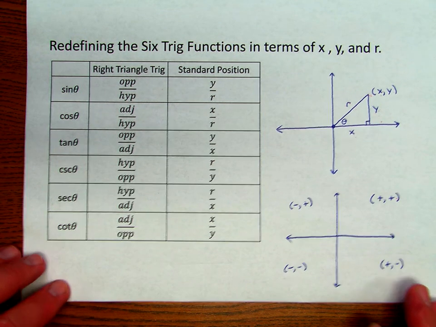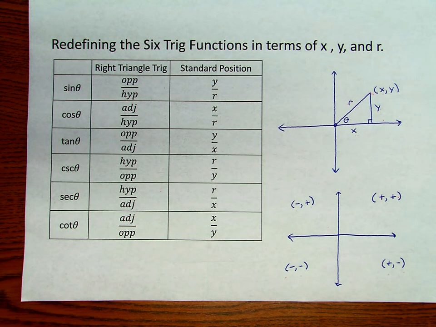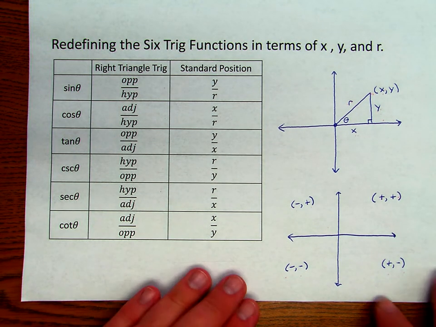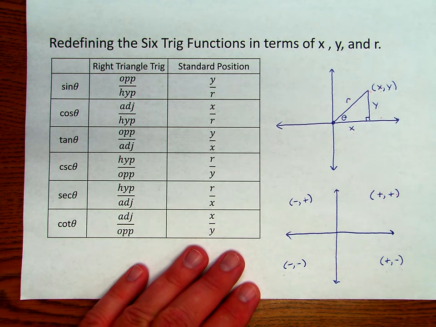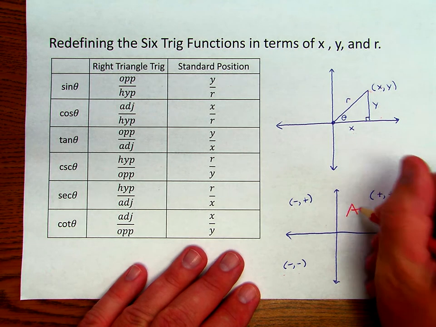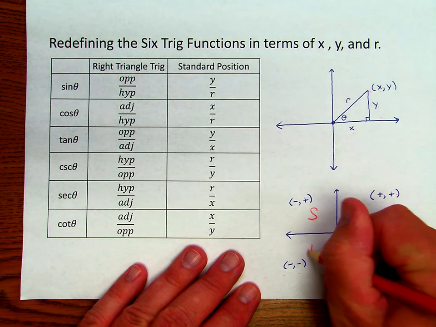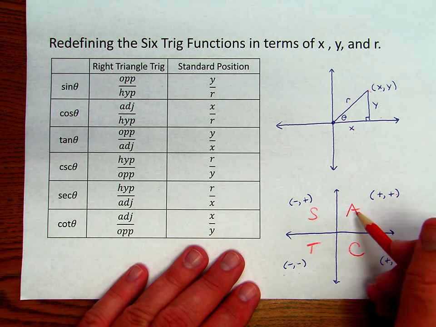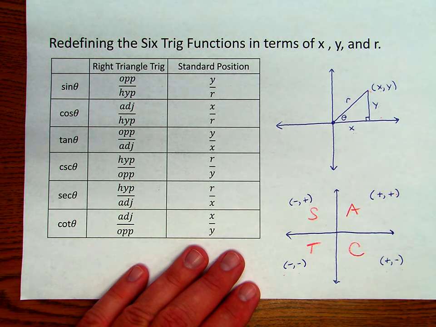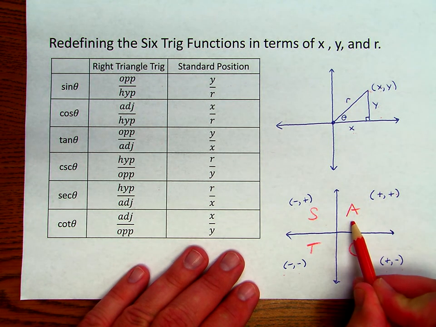So what happens here is we get a nice little memory device. One of the more common ways that you see on websites and in textbooks is "All seniors take calculus." I prefer one that's a little bit more fun. "All seniors talk constantly." All 6 of your trig functions are positive in the first quadrant.